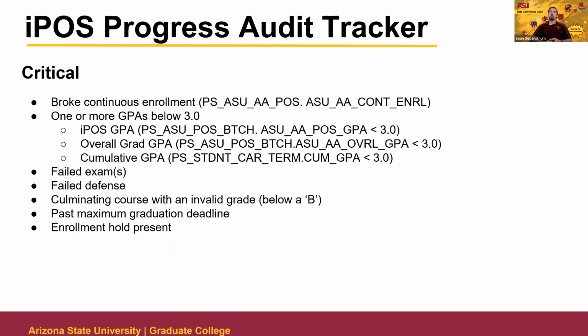Students are required to have a GPA above 3.0. So if they drop below that, we want to make sure we call that out. Failed exams, defenses, and culminating experiences are also all things that will prevent a student from graduating. So again, we want to put up that big red flag that these are things that really need to be taken care of, and to call that attention for both the student and the advising staff so that it can be addressed.